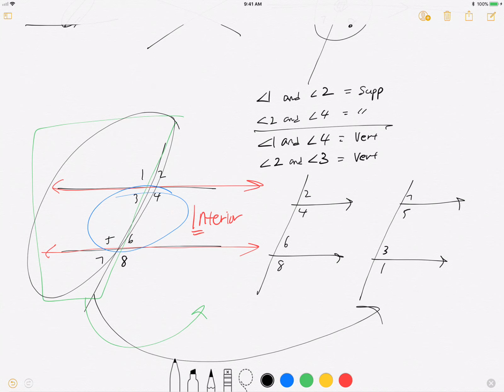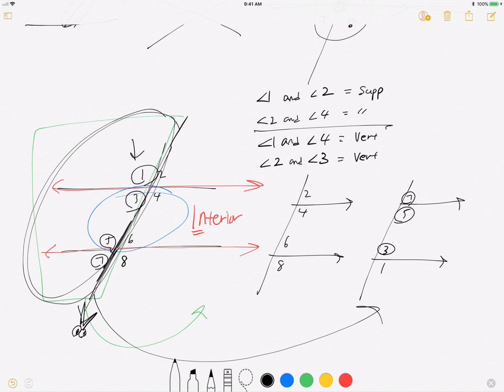Just imagine taking this piece, like cutting it out with scissors, and then you rotate it around. You're basically going to get 7 on the top because that's where it started from the bottom, 5 here, 3 up here, 3 down here, and 1, that was the top one, now it's at the very bottom.